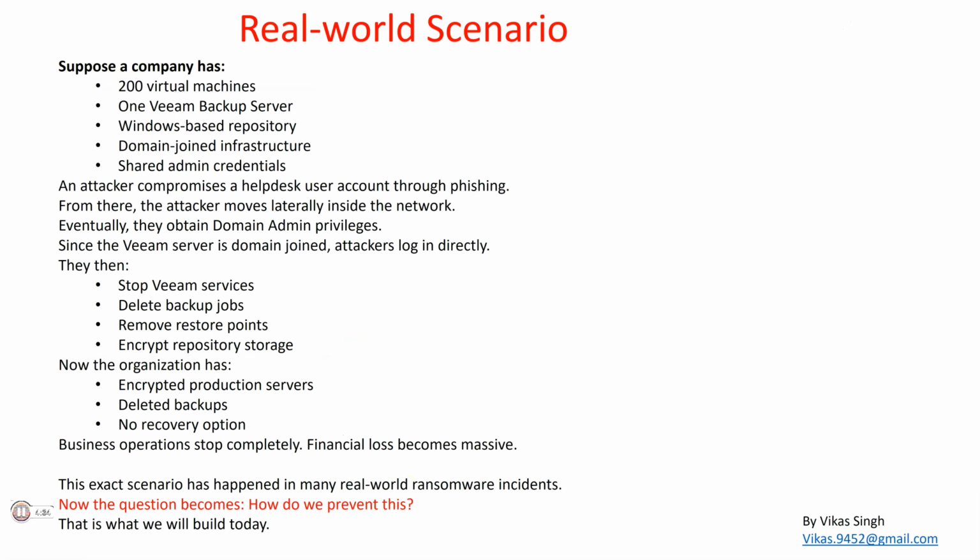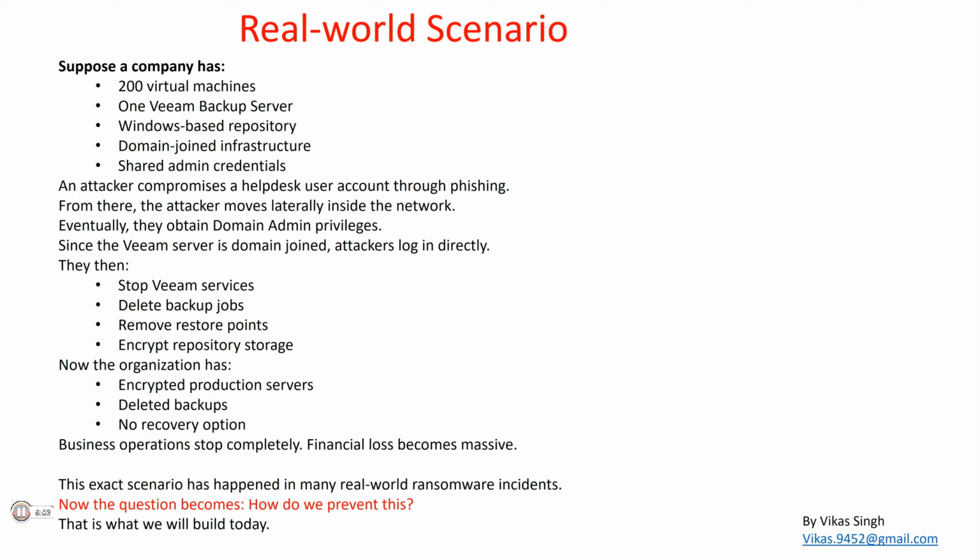Now let's understand a real-world example. Suppose an organization has 200 virtual machines, one Veeam server, a Windows-based backup repository, domain-joined infrastructure, and shared administrator credentials. An attacker compromises the help desk account through phishing. From there, they move laterally, steal the admin credentials, and gain domain admin access.